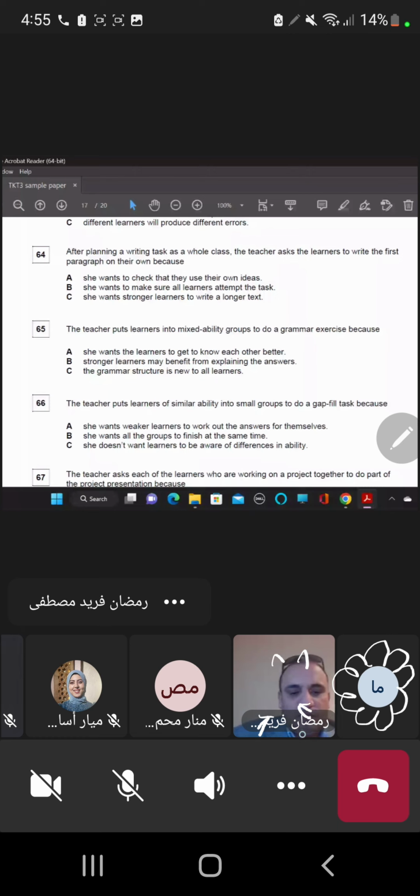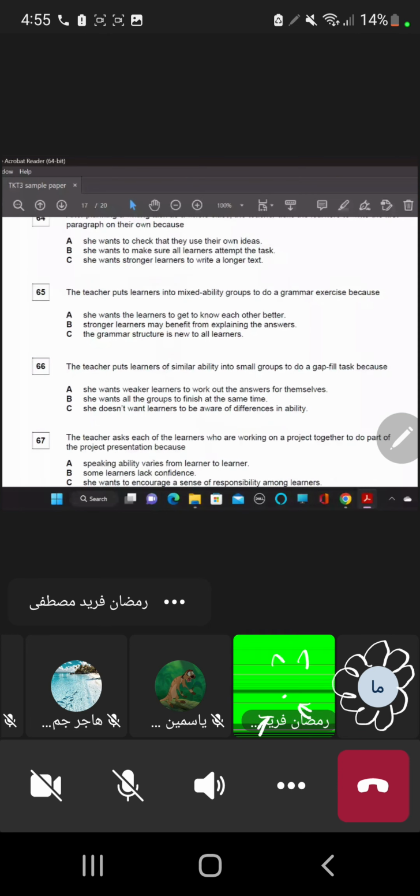B. She wants the learners to get to know each other, while stronger learners may benefit from explaining the answer. While the grammar structure is new to all learners. I think number B. Yeah, B is correct. B, of course, so that they benefit from each other.